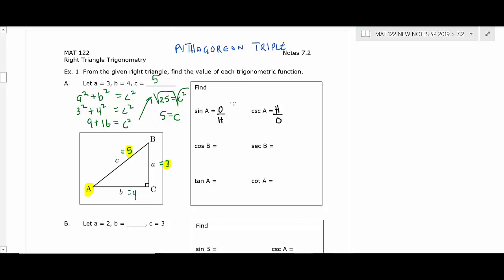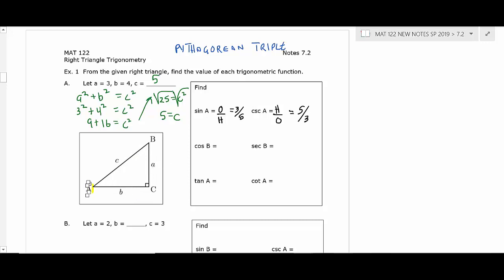So that means the sine of A would just be 3/5. On the cosecant, again, if you look at A, it's hypotenuse 5 over opposite 3, so that's 5/3. Those two are your trig ratios for those.